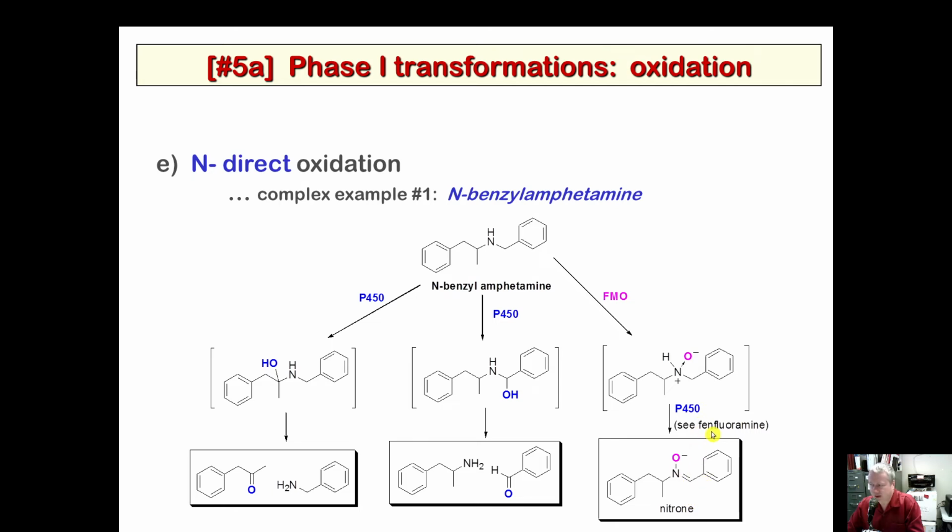We saw that with the fenfluramine metabolism a second ago. Basically what happens is P450 would oxidize the CH, and then the nitrogen would kick that off, and then you'd get the nitrone. So yeah, there are a lot of metabolic pathways for these secondary amines and primary amines.